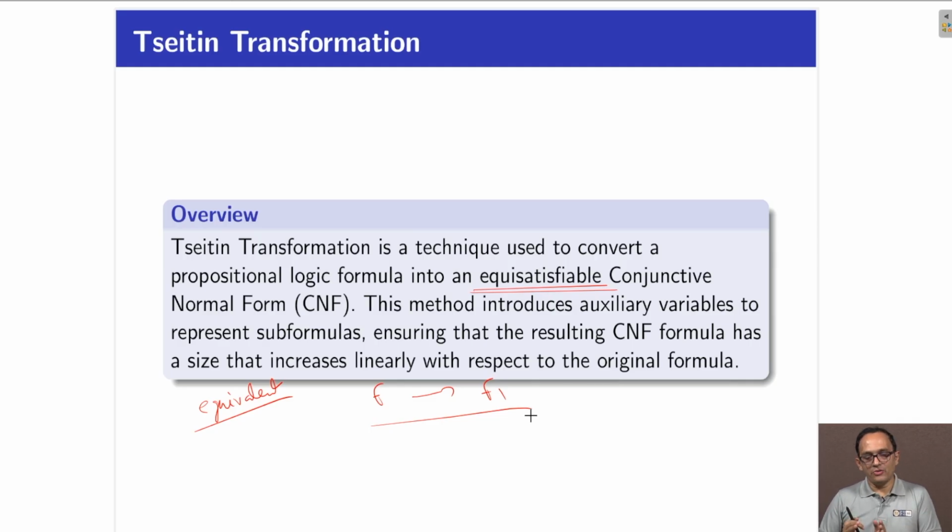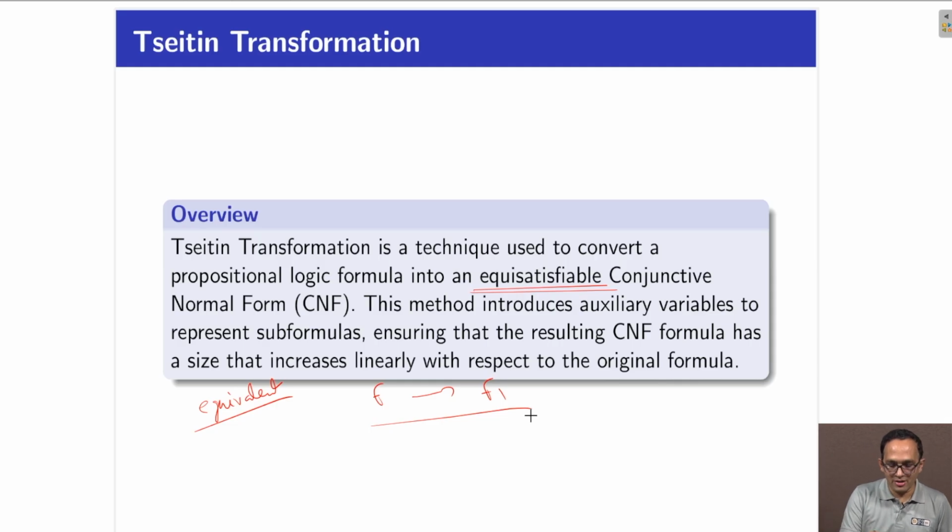On the other hand, equisatisfiable says that if the original formula is satisfiable, the converted one is also satisfiable, and if the original formula is unsatisfiable, the converted one is also unsatisfiable. But it does not say that for interpretation I1, if the formula is satisfiable, the converted formula f1 is also satisfiable under the same interpretation; it may be satisfiable under some other interpretation, right.